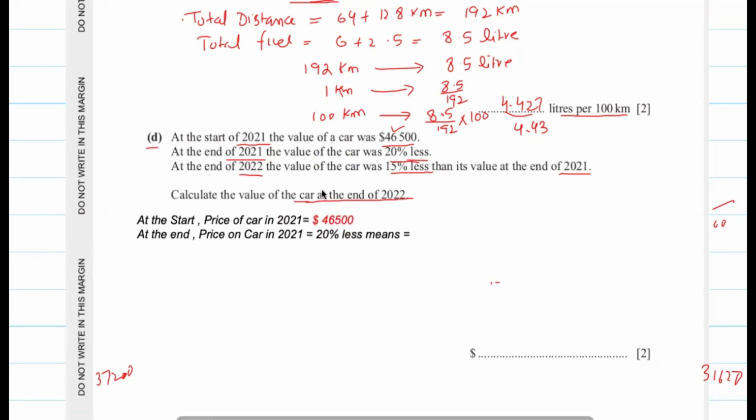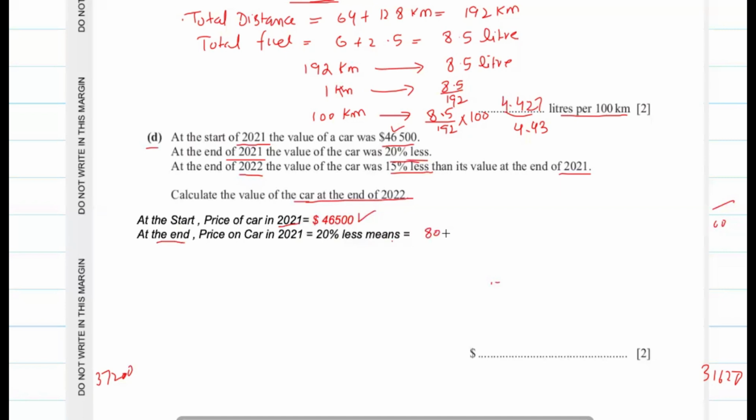We write here the value of the car in 2021 is 46,500, and then at the end the price is 20% less, meaning 80% of the value of 46,500, because the starting value in 2021 was 46,500.